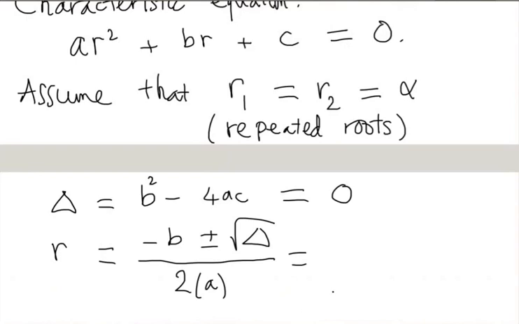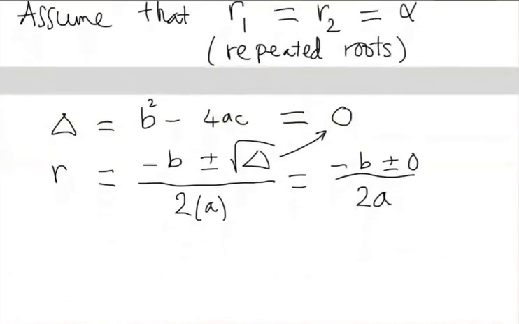But because the discriminant is 0, we just have minus b plus or minus 0 over 2a. So even though we have two cases, plus 0 and minus 0, they give us the same value, minus b over 2a. This is our alpha.